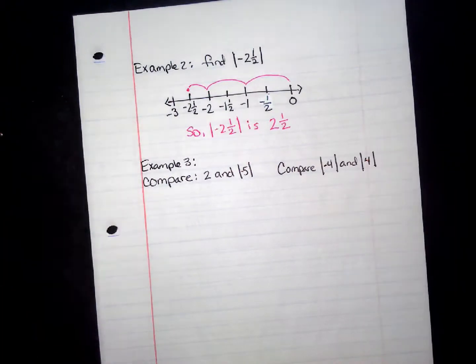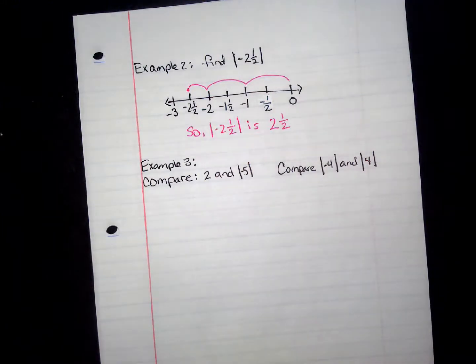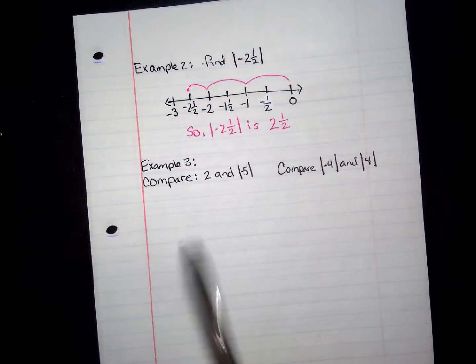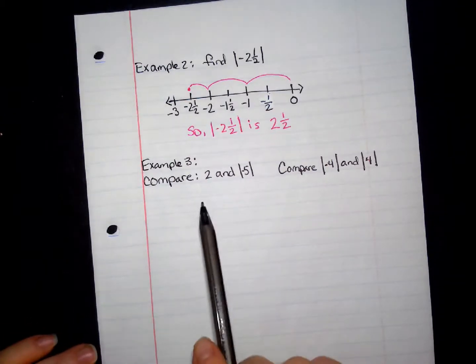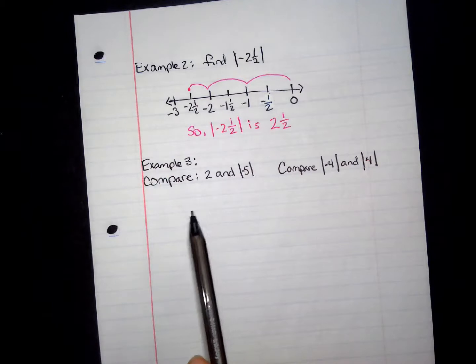Okay, so let's start with this first one. First, you have to find the absolute value of 2. So remember, you can use any number line that you've already drawn. That's fine. But 2, the distance from 0 you can count is 1, 2.